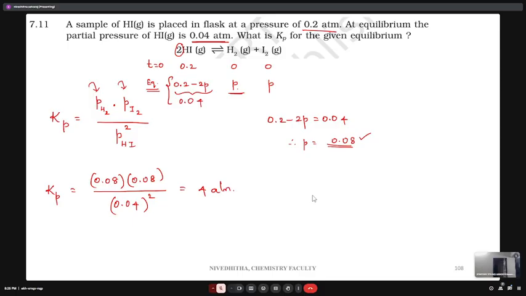Super. Now we'll move on to the next concept, which is called Le-Chatelier's principle, which is a very, very important topic in this chapter.